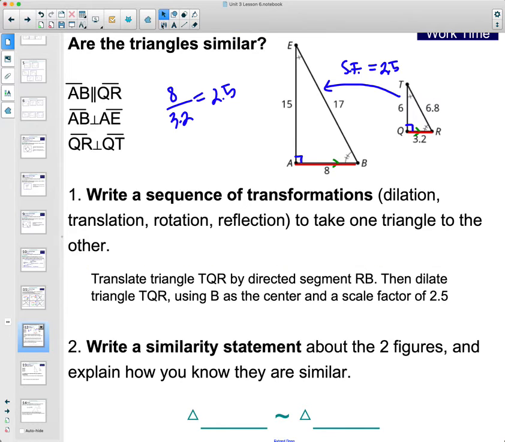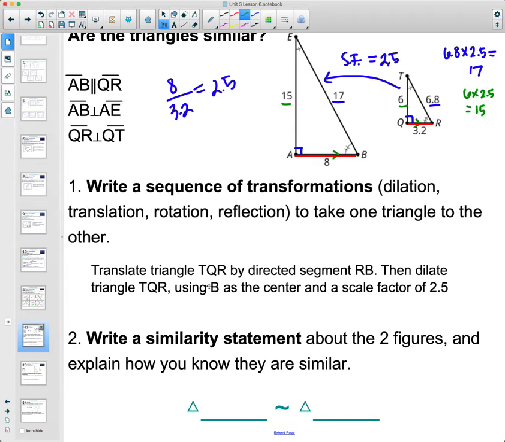So 6.8 times 2.5 equals 17, which gave me that correct length here. And then let's do 6 times 2.5 to make sure that's proportional. 6 times 2.5 did give me 15. So those sides all checked out.